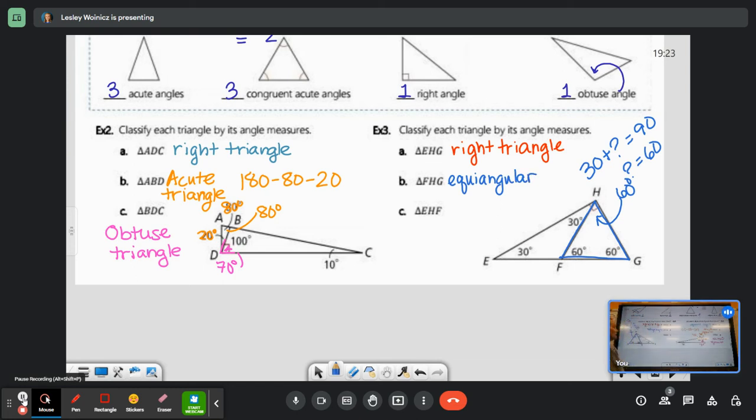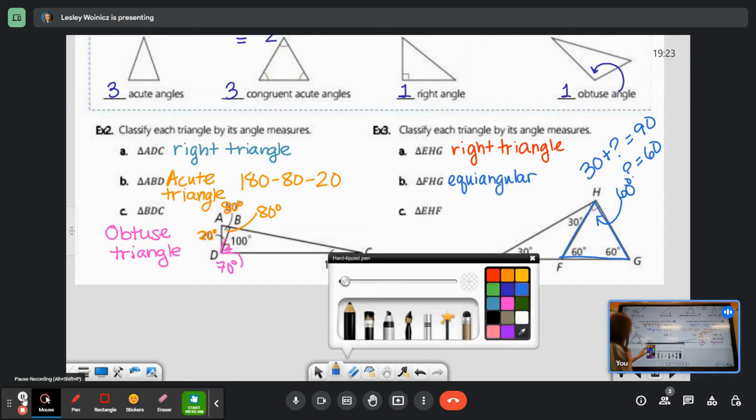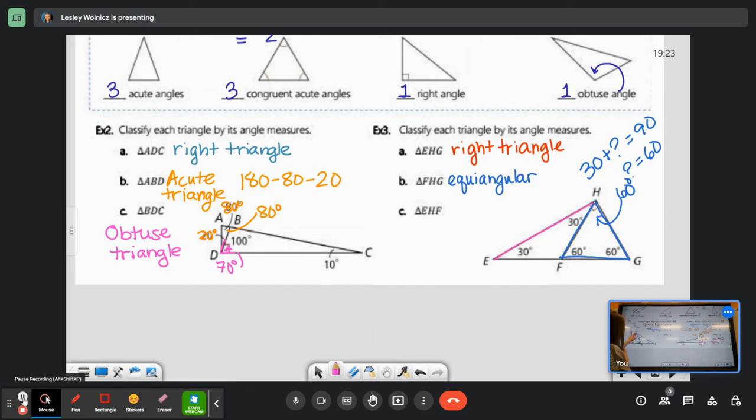All right, next, EHF. Last but not least, that's this one. Okay, so angle EFH, this one here, makes a linear pair with the 60-degree angle. So 180 minus 60 is 120.